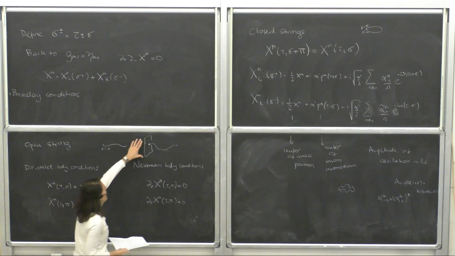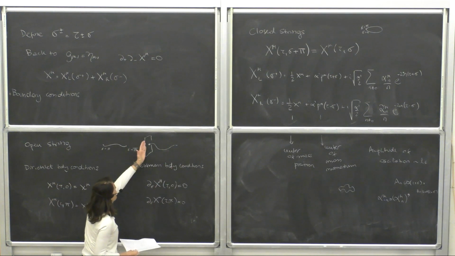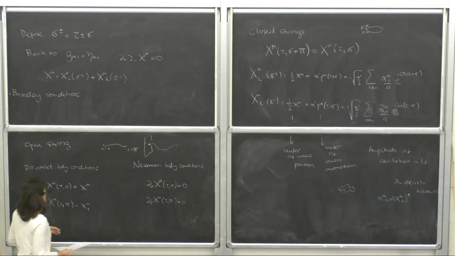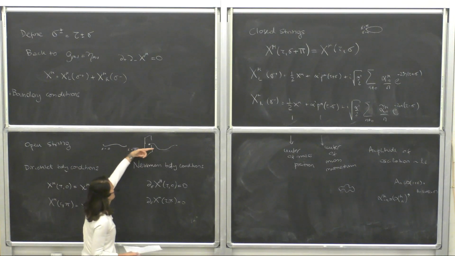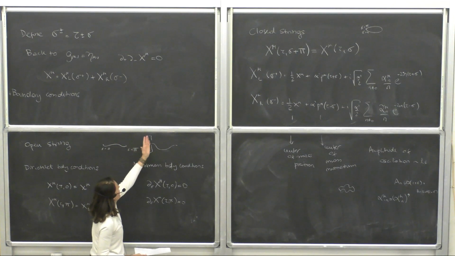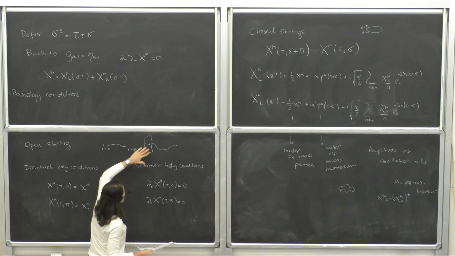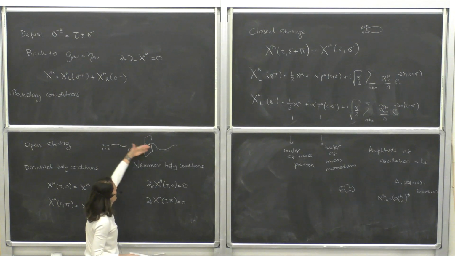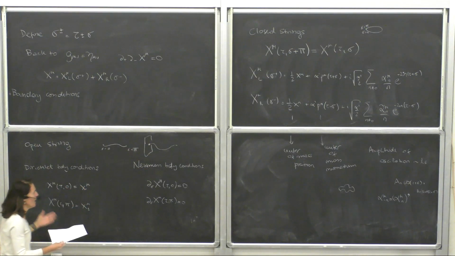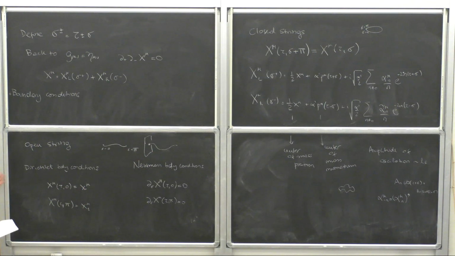If I put some object like that, it means I put in Dirichlet boundary conditions in this direction, but not in this. I'm letting it move freely in this plane, but attaching it in this orthogonal direction. So I can have all sorts of mixed Dirichlet and Neumann boundary conditions in different directions and for the two ends.